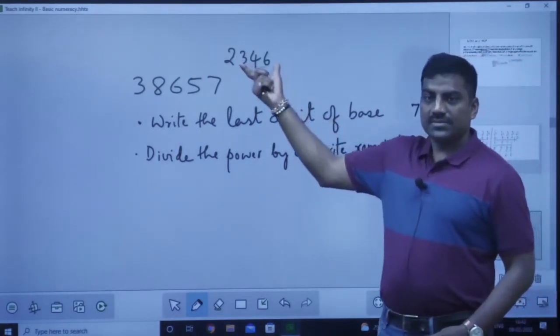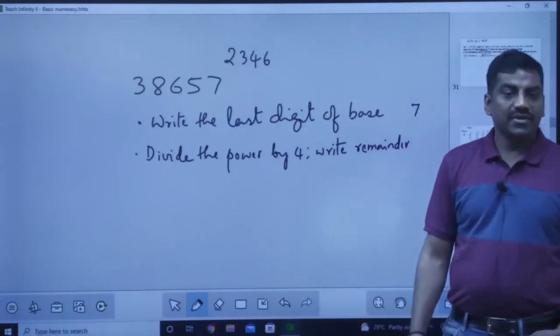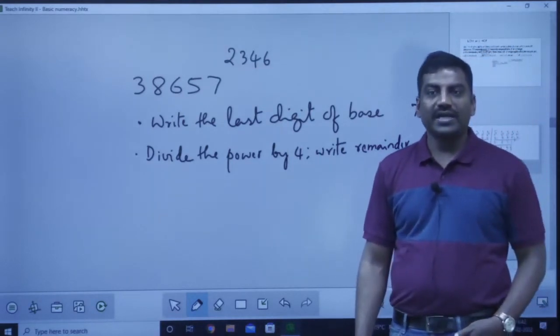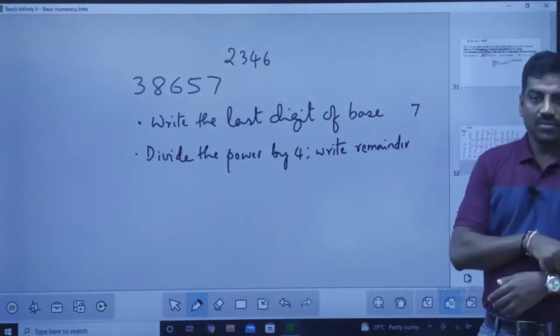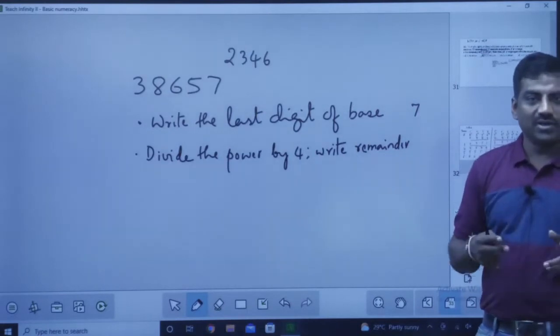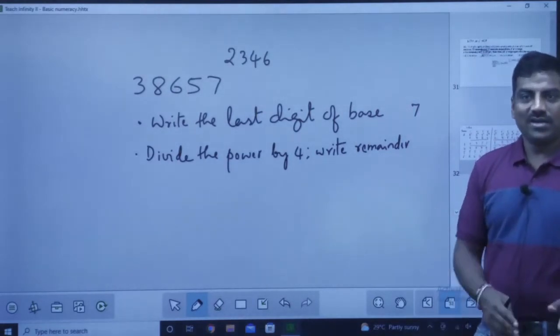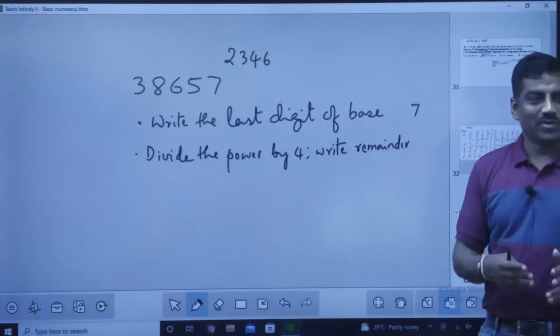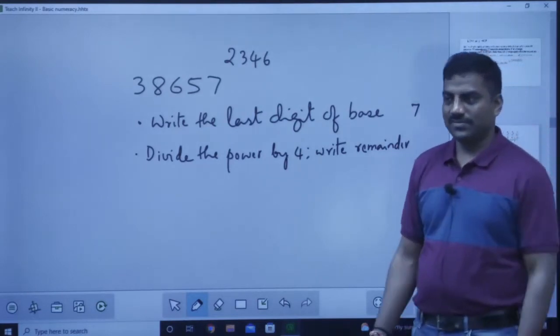Take this number and divide it by 4 and tell me the remainder. I know you will start with your machine gun. Every time I ask you, open your machine gun, apply your brains.